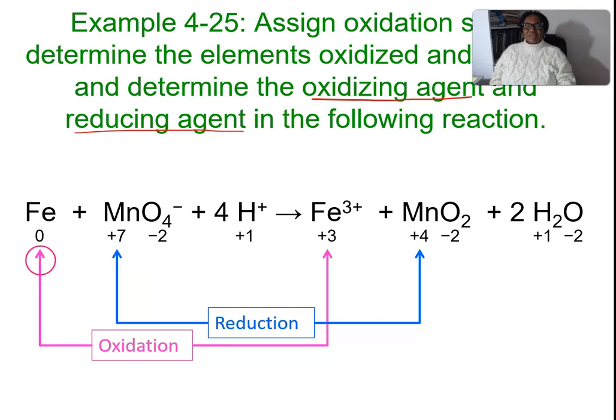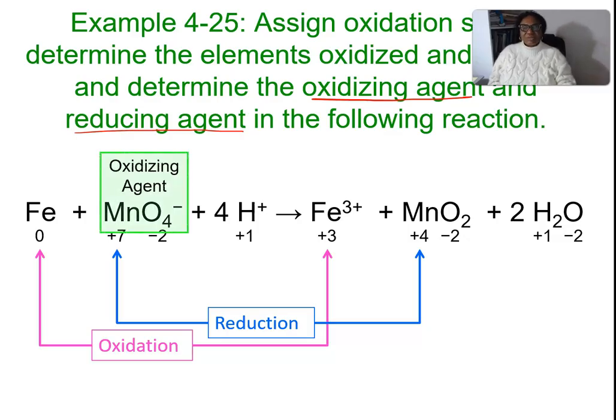We said the substance that contains the element that is oxidized is considered a reducing agent. So based on that, iron is a reducing agent. And a substance that contains an element which is being reduced is considered an oxidizing agent. So that's the oxidizing agent, and that is the reducing agent.